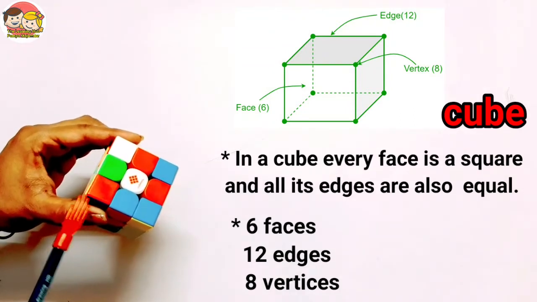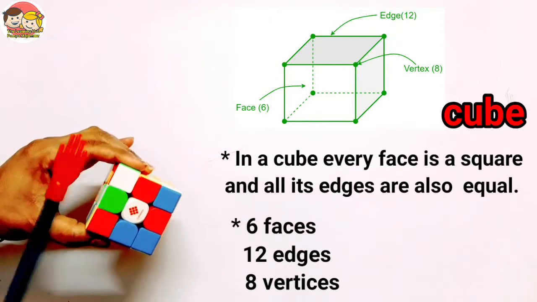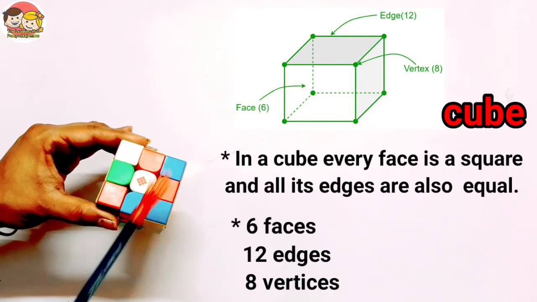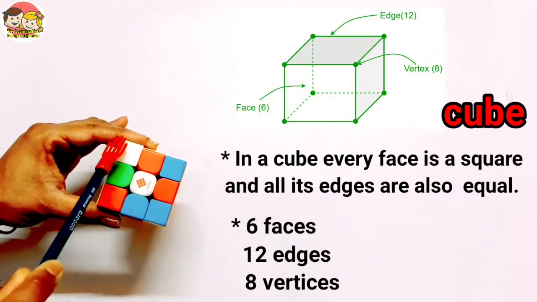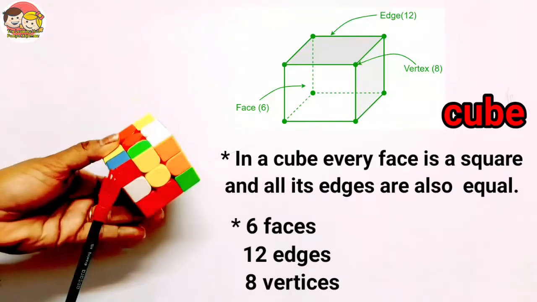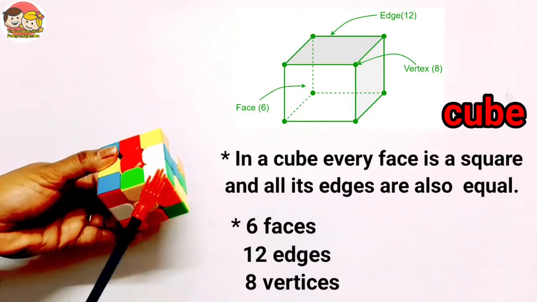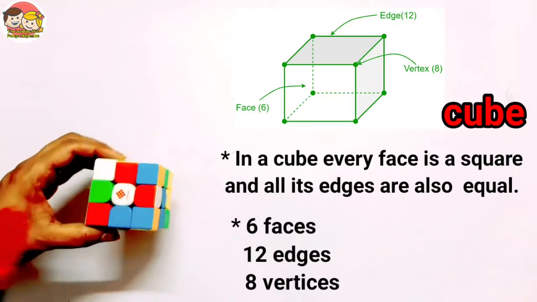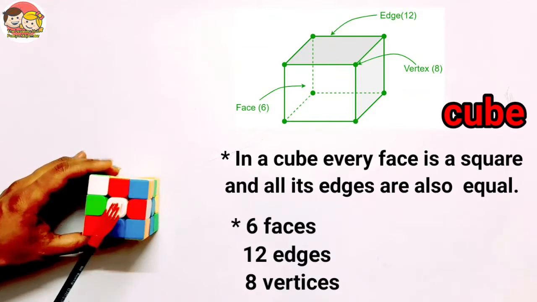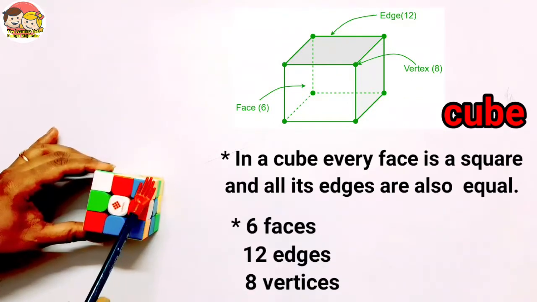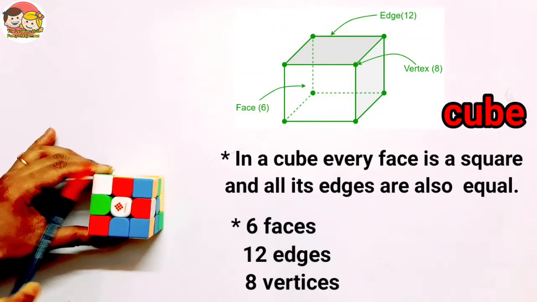These points are called vertices. So let's count. 1, 2, 3, 4, 5, 6, 7, 8. So a cube has 6 faces, 12 edges and 8 vertices.